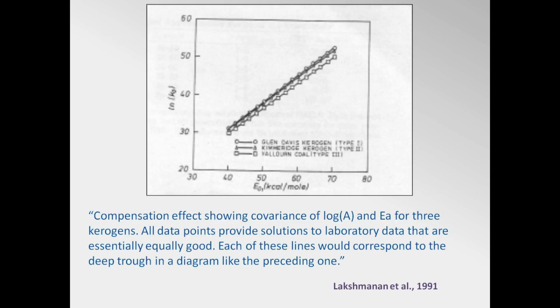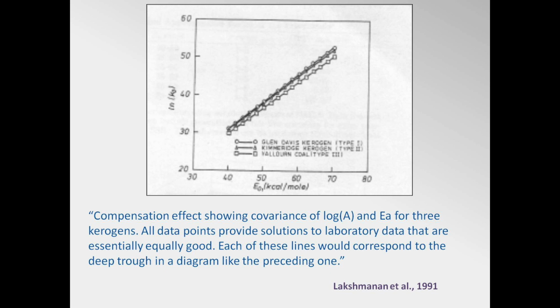This diagram shows the compensation lines for 3 different kerogens. Any point along any of those lines will give essentially the same quality of fit to the pyrolysis data from the laboratory as any other point.